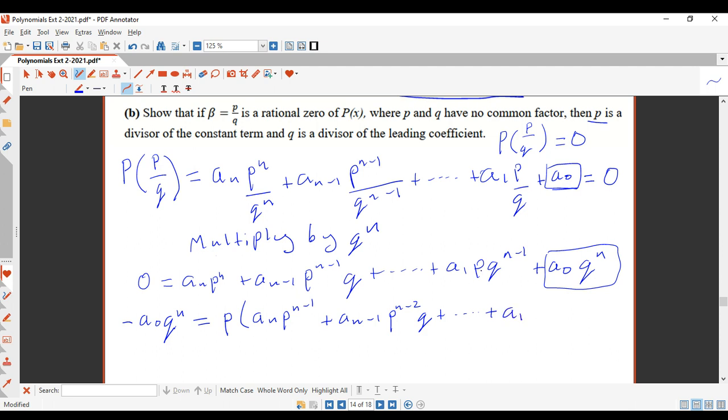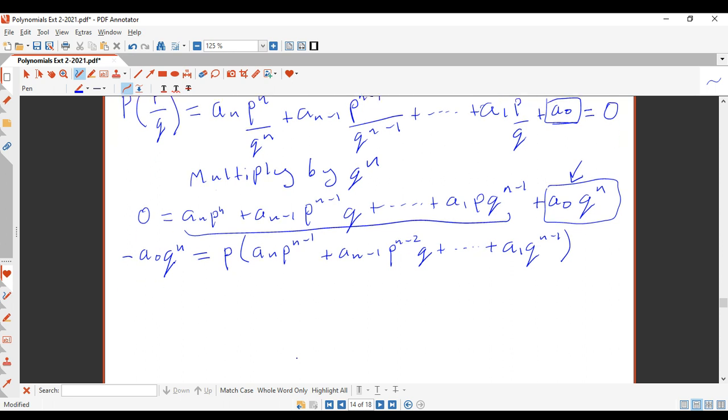Now p is a common factor, so all we've got left is the q^(n-1) bit, then close the bracket there. So we just took out p as a factor for these terms here, and don't forget we put this term on the left hand side.